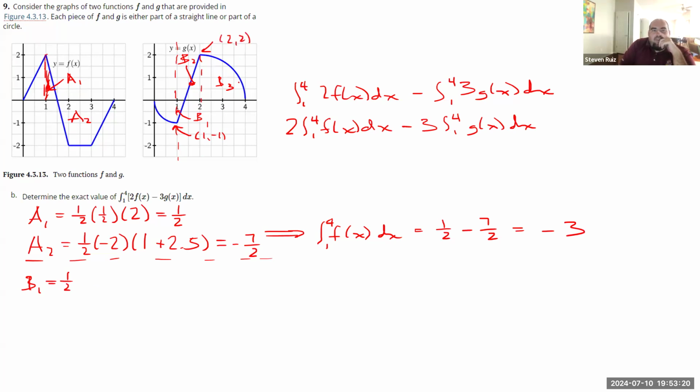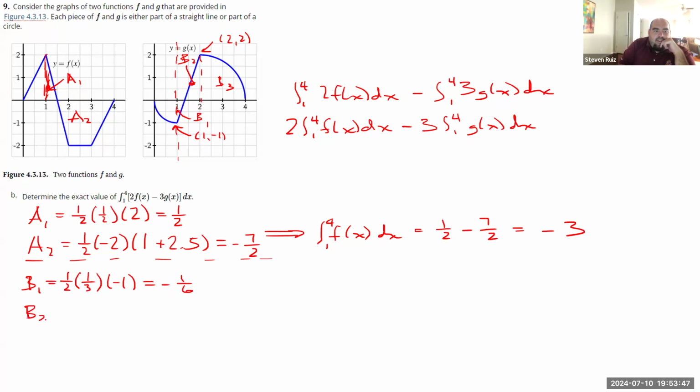So it goes up 3 units and over 1. Slope is 3, which means if it's going to go up 1 unit, it's going to go to the right a third of a unit. Okay, so the base length is a third, and the height is not 1, but -1. This gives me a final area of -1/6.